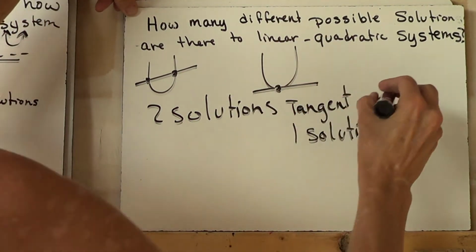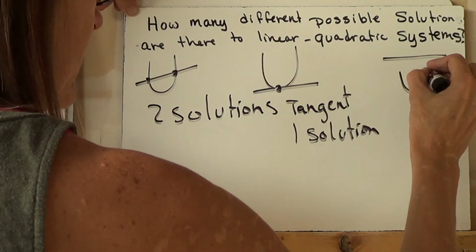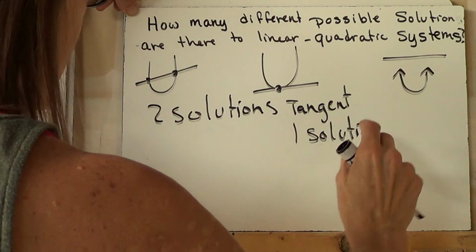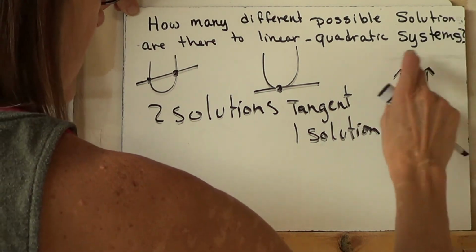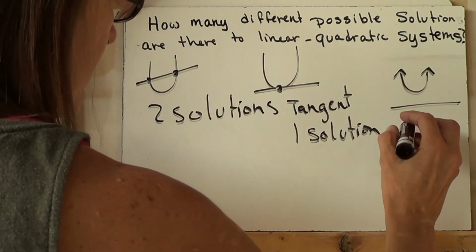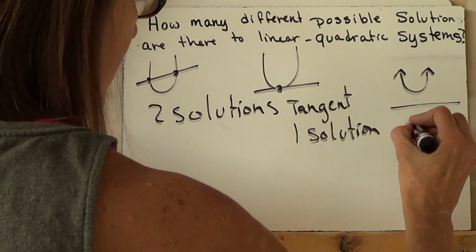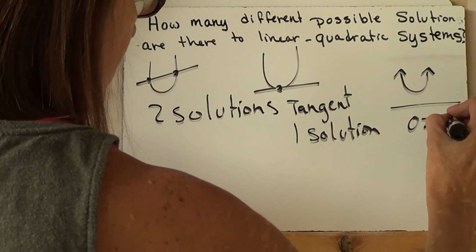Now I have had students do this. They draw the U and they draw the line up here and they forget that this goes on and on forever. That is not 0 solutions. Only this is, if the line's behind the U, lower than the minimum, or if it's higher than the maximum. That would be 0 solutions.